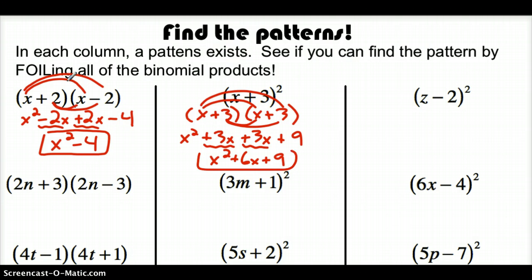Okay? So again, tough to see patterns when we've only done a couple. But again, we're looking for major patterns in the columns. Okay? So z minus 2, that quantity is being squared. Remember, this is now z minus 2 times z minus 2, right? And so if we FOIL this, we'll get z squared.